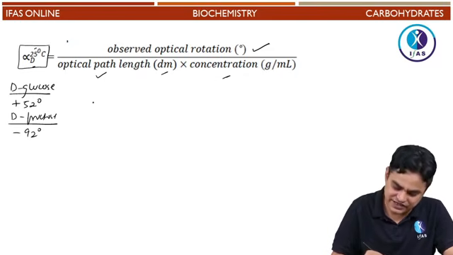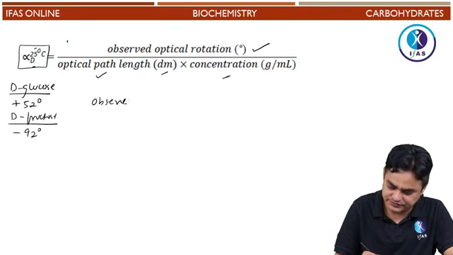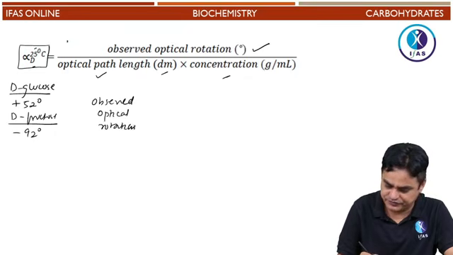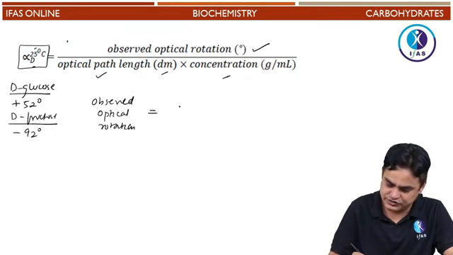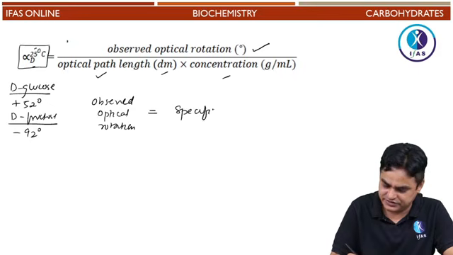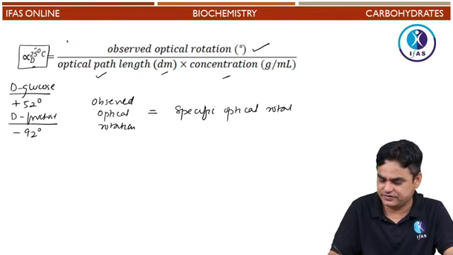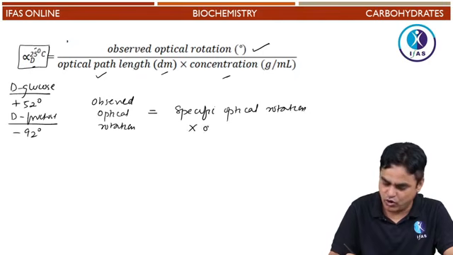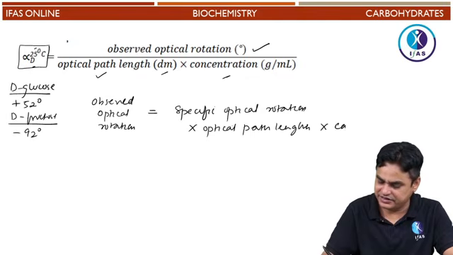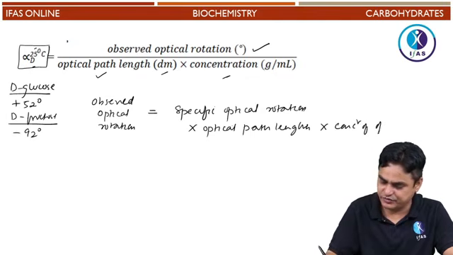Or in other words, we can say that observed optical rotation would be equal to specific optical rotation, which is fixed, multiplied by optical path length, multiplied by concentration of molecule.